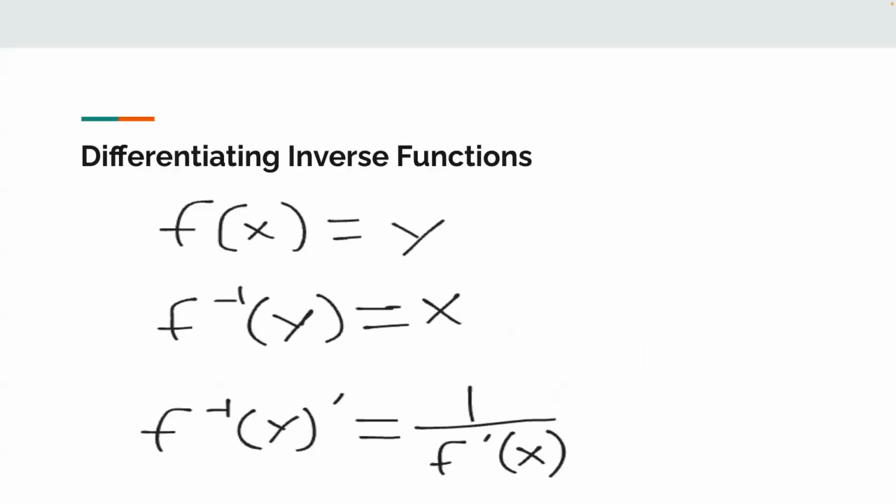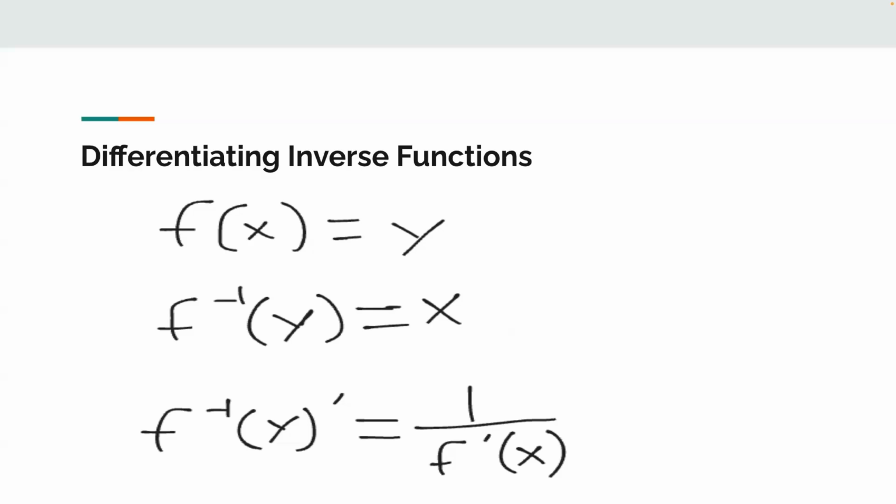And one more thing you should know in this unit is how to find the derivative of an inverse function. So let's say f of x is equal to y. That means for the inverse function f inverse, f inverse of y is equal to x. And because of that, we can relate the two derivatives to each other.